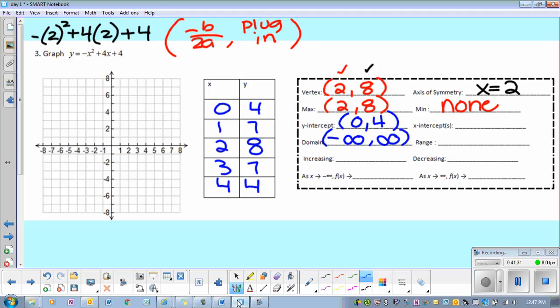Since I have to look for my x-intercepts, instead of just crossing the x-axis all willy-nilly, why don't we get a couple more points, like the y value for 5 and for x equals negative 1?